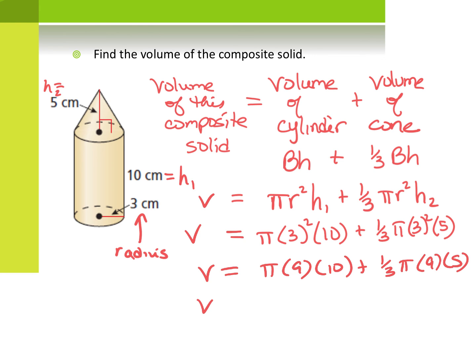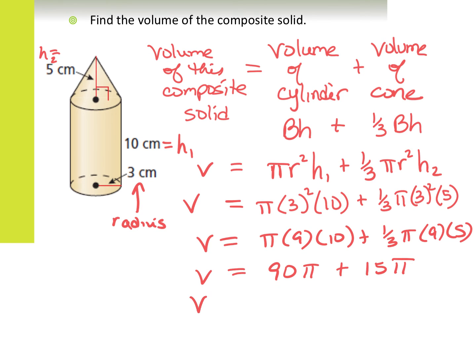And again, I'll multiply 9 and 10. I get 90 pi. Multiply 1/3, 9 and 5, and I get 15 pi. I'm going to add those together. 105 pi centimeters cubed would be the volume left in terms of pi.